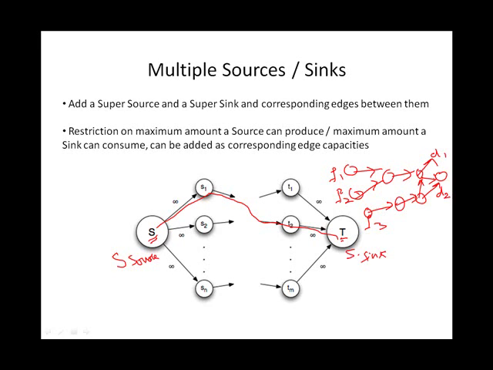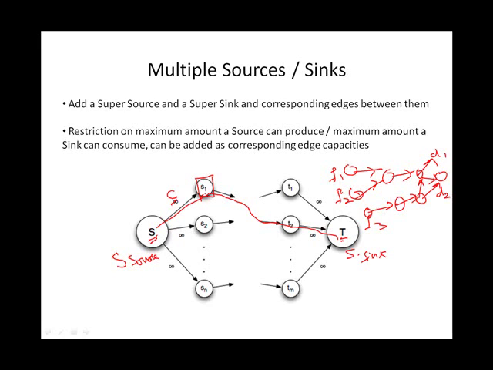One more observation is, if we also have a restriction on the number of goods that can be produced. So let's say in this example, we also have a restriction on each factory. Each factory can produce only this many number of goods. In that case, we can add that constraint as a capacity along the edge from the super source to that particular source.